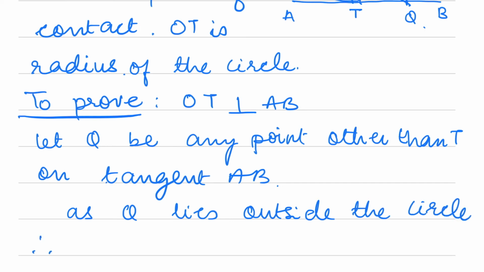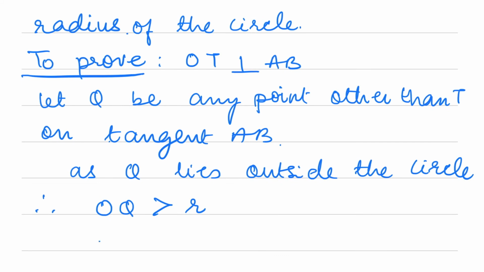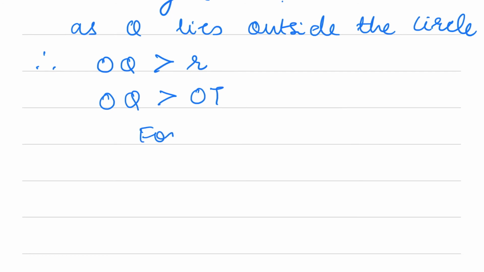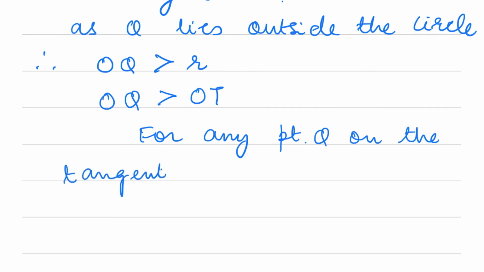Therefore, we can say that OQ is greater than the radius of the circle, or we can say OQ is greater than OT. So this would be for any point Q on the tangent other than T. So any point on tangent other than T will be greater than the radius because it will go out of the circle.